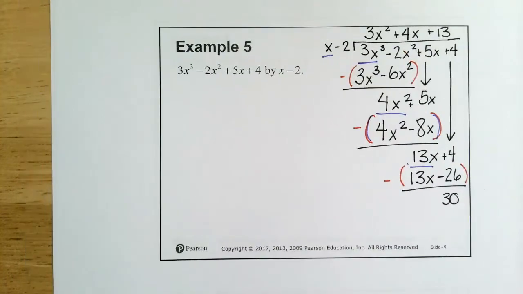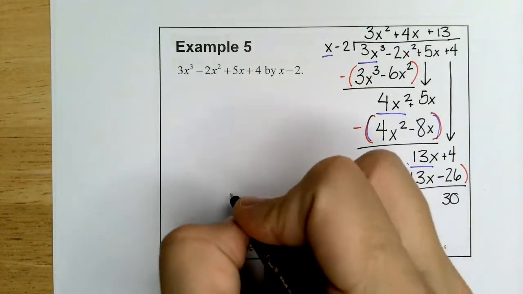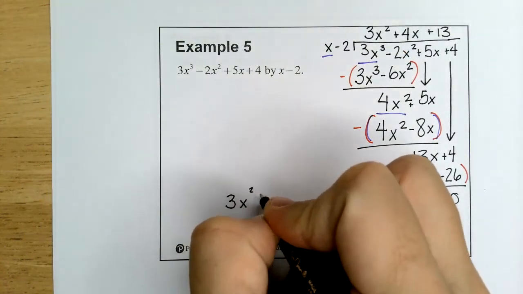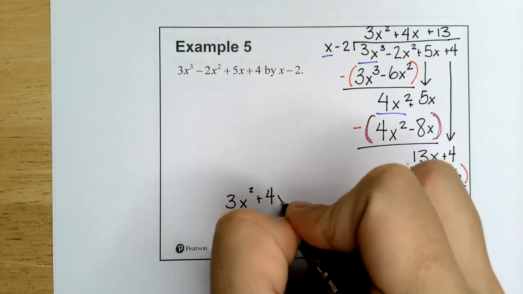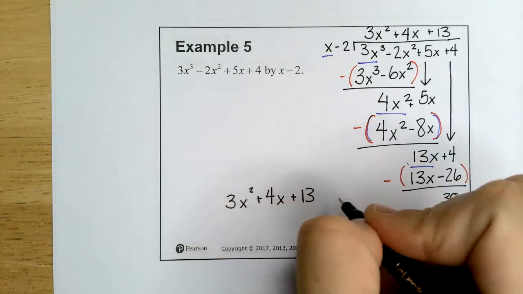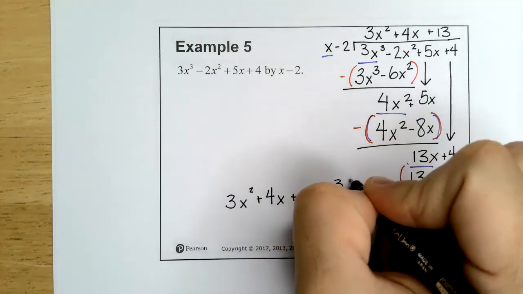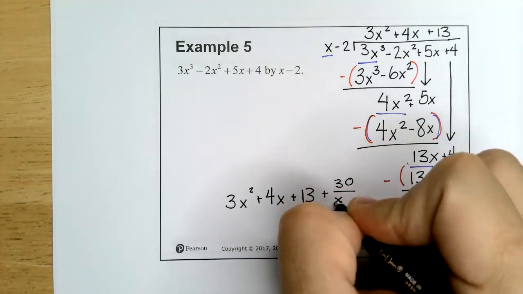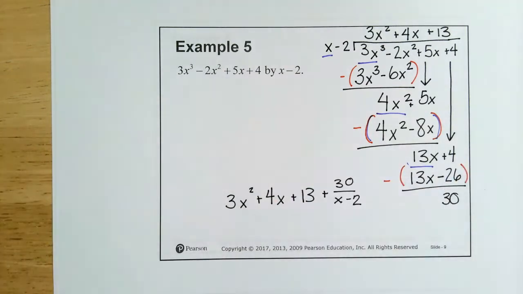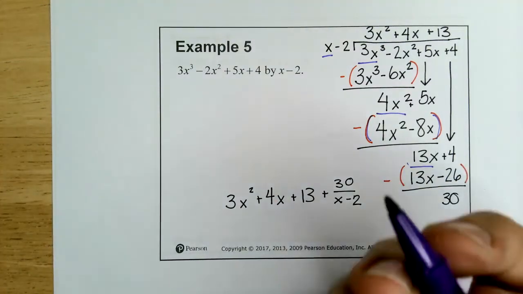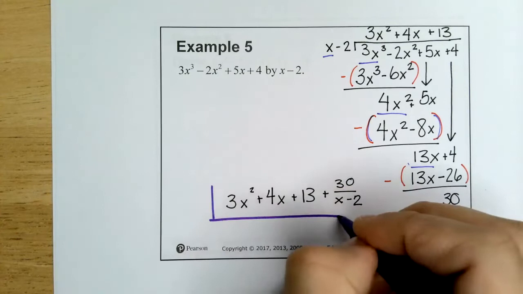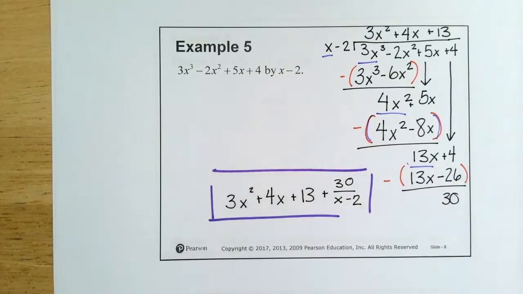There's nothing else to bring down. So my answer will be 3x squared plus 4x plus 13 plus positive 30 over x minus 2. And that is my answer.